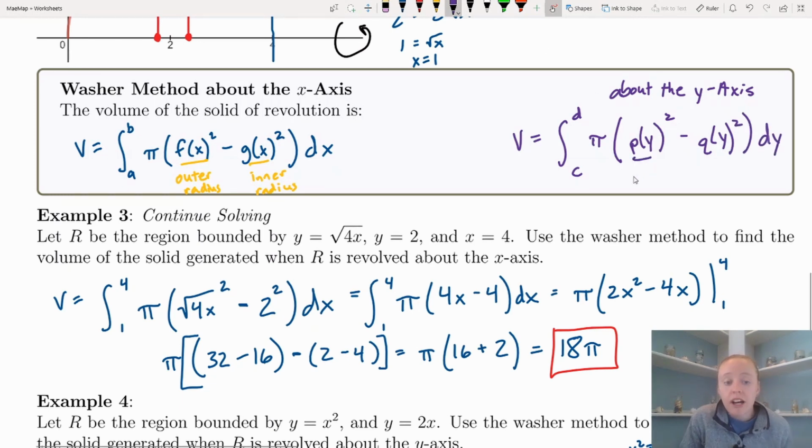So p of y is our r sub o, or our outer radius, and q of y is our r sub i, that inner radius. However you want to label those is fine, just make sure they're in terms of y when we're integrating with respect to y, and in terms of x when we're integrating with respect to x. But overall, it's pi times the quantity, our outer radius squared, minus the inner radius squared.